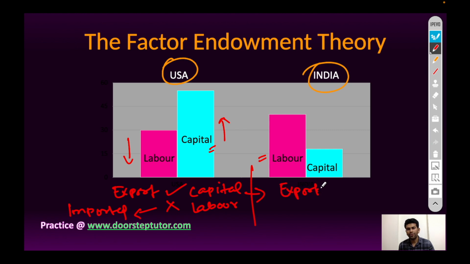It will produce and export only labor intensive goods, but it will import capital intensive goods from USA. So according to this theory, the country which is abundant in a resource will produce and export it to another country and import the one in which it is scarce.